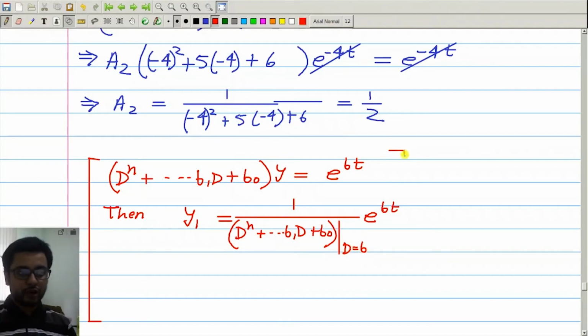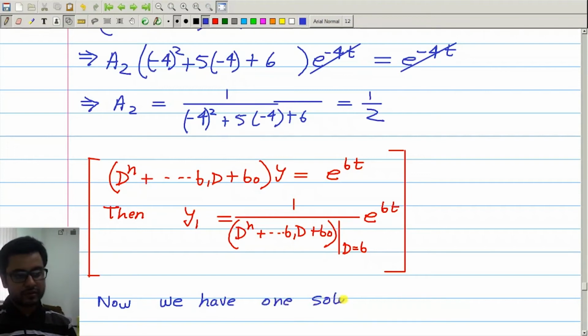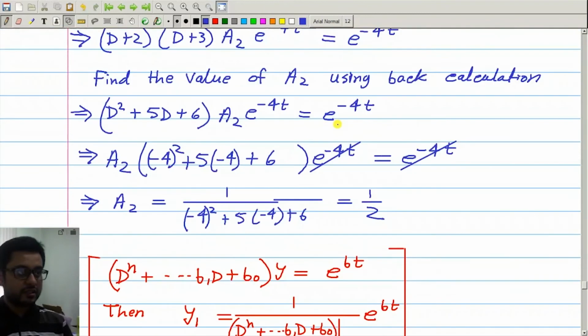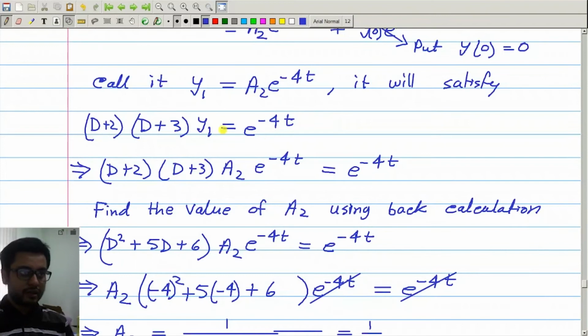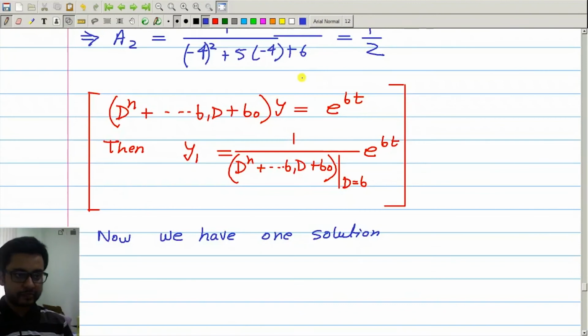This is often very useful. So now we have one solution which is like this: a2 e to the power minus 4t, and a2 is half.